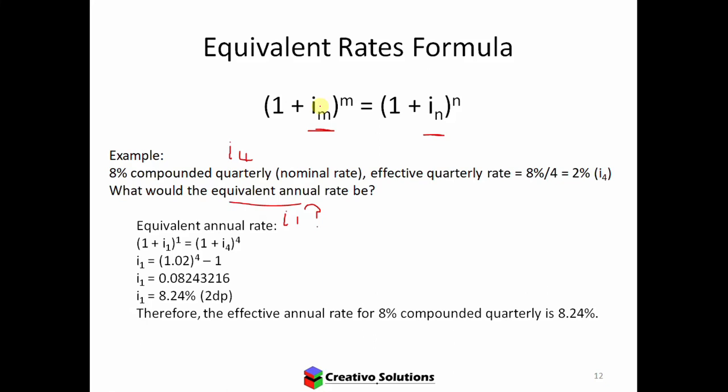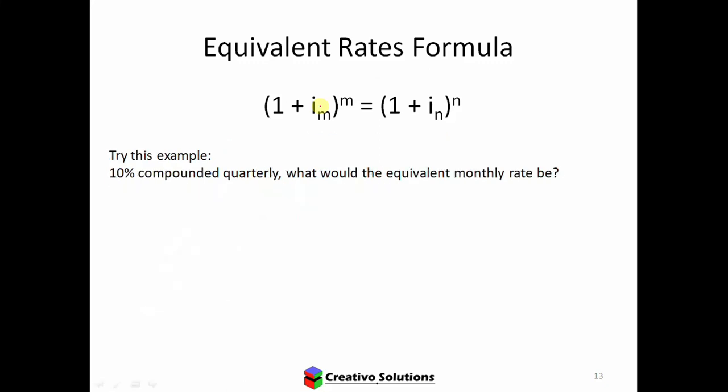So over a period of a year, you're going to have 4 compounding periods. Each period is going to have a certain amount of interest added to the amount. So if we're taking compounding into consideration, then your actual effective interest rate is 8.24%.